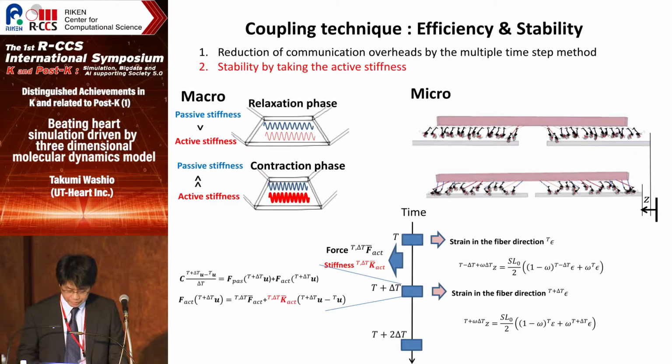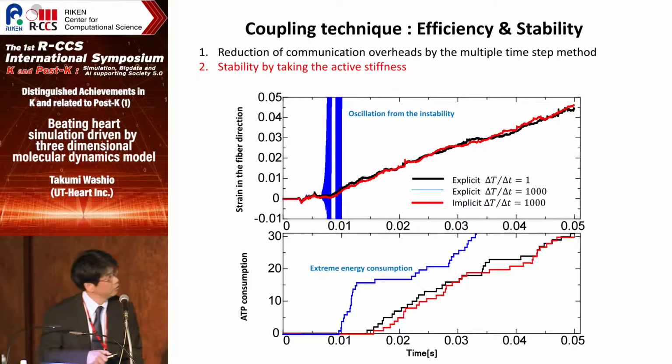Actually, as you can see here, this is the history of the shortening of one element and the strain of one element. This black line shows the result when we apply one-by-one communications by each micro time step, so it's an accurate computation.